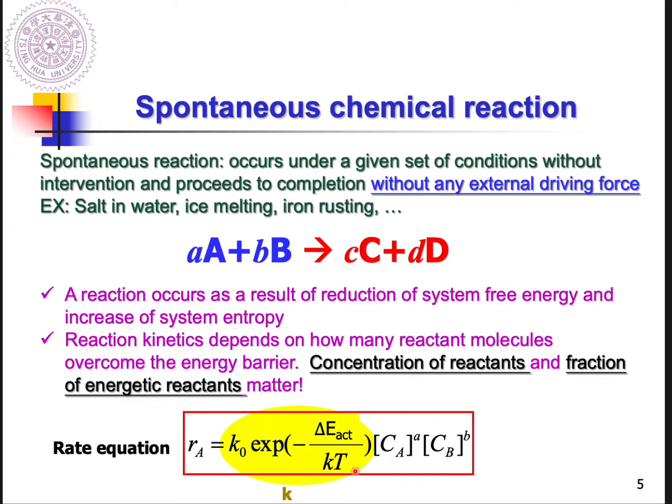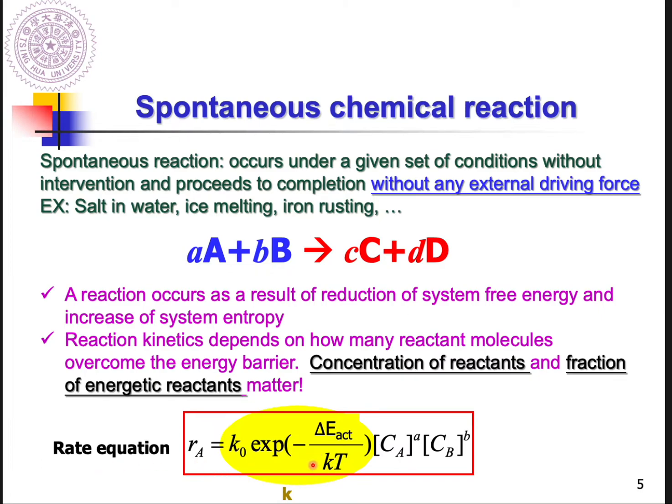Based on the Maxwell-Boltzmann distribution, we know the fraction of the reactants which have energy higher than the activation energy is proportional to exponential of minus delta E_act divided by kT.